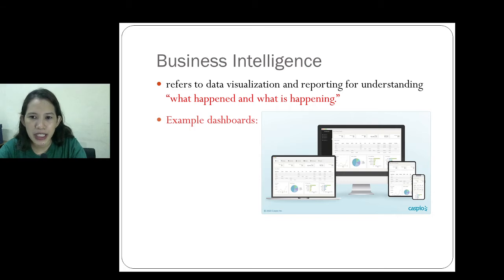BI, which earlier consisted mainly of generating static reports, has evolved into more user-friendly and effective tools and practices, such as creating interactive dashboards that allow the user not only to access real-time data, but also to directly interact with it.